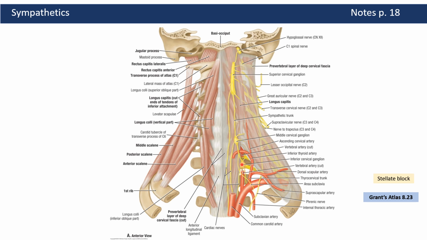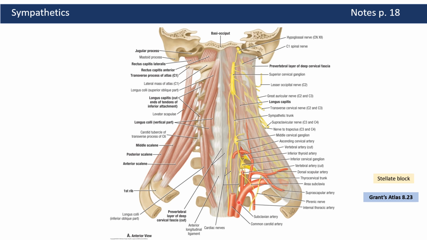The inferior cervical ganglion is often absent. If it is present, it is usually anterior to the neck of rib 1 and at about the level of C7. But often it fuses with the first thoracic ganglion to form the stellate ganglia or the cervicothoracic ganglion.